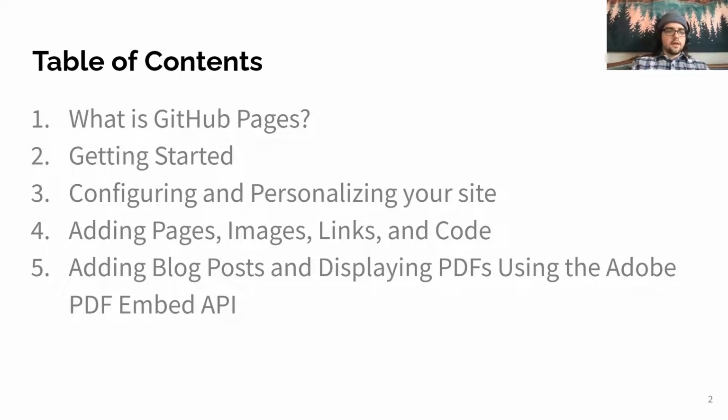We'll configure our website and give it some personal info and configure some of the more broad aspects of our site. We'll then talk about adding and editing website pages, adding images, adding links, and image links, and also different ways you can add your code to your site.